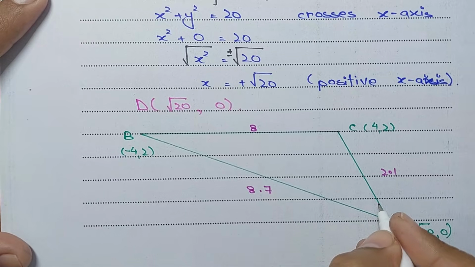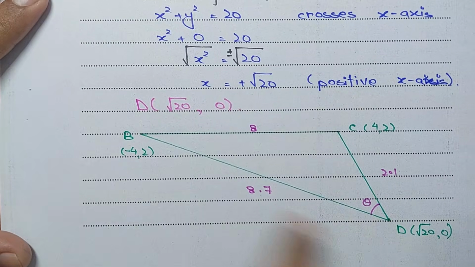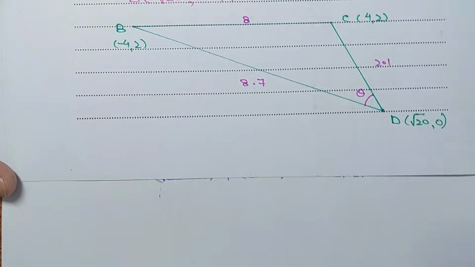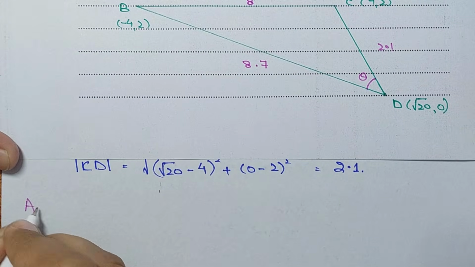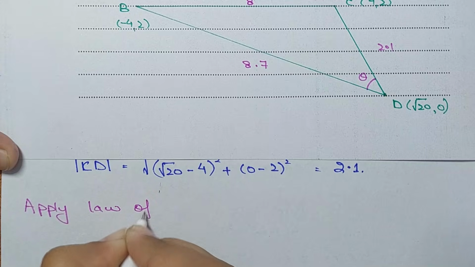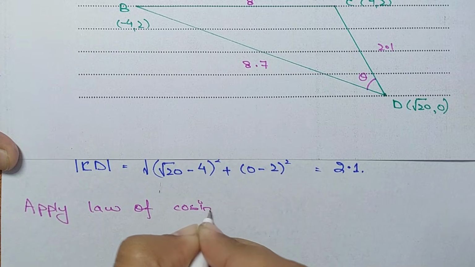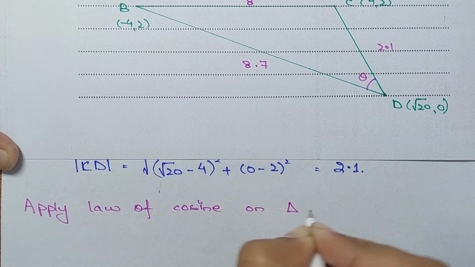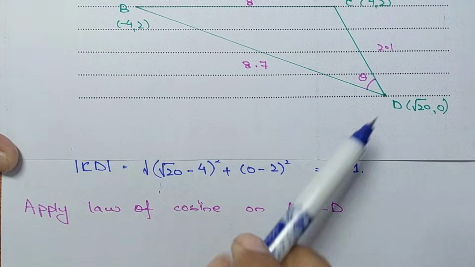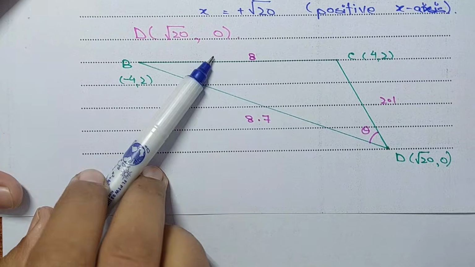We need to find this angle theta, all the three angles of the triangle. Apply law of cosine over here, right? So we can say apply law of cosine on triangle B, C, and D. Okay, so we have this angle and its opposite side is 8.